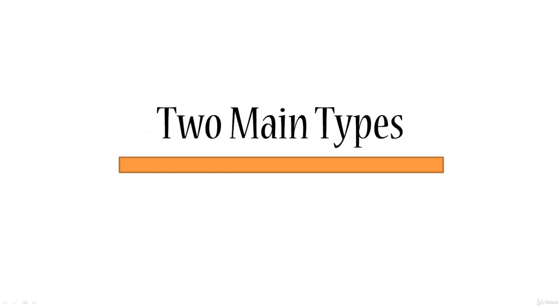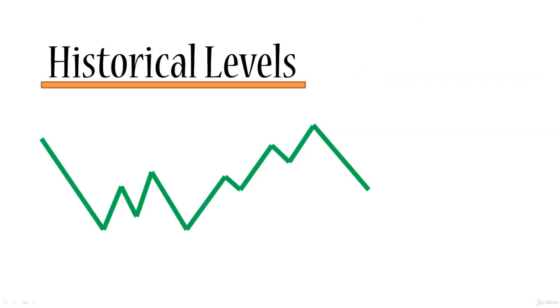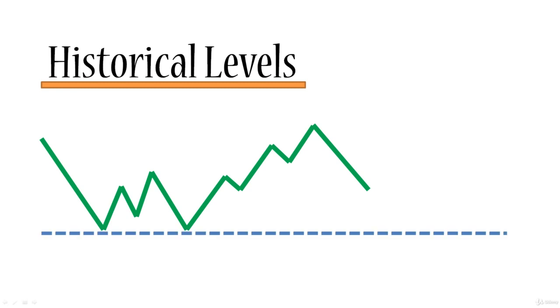Let's have a look at the historical type first. Looking at this chart, can you identify any horizontal lines that have been tried and tested by the price more than one time? We can see one of those lines right away. It's this horizontal support line, and the price tested this line over here at first, and then it came back to this line here.